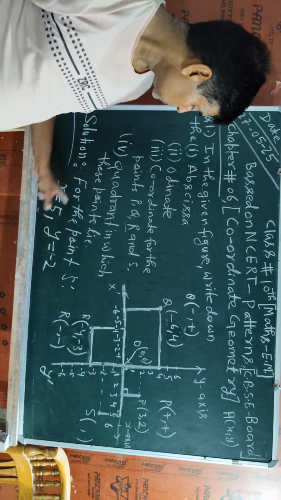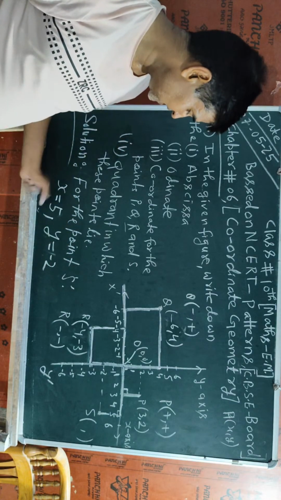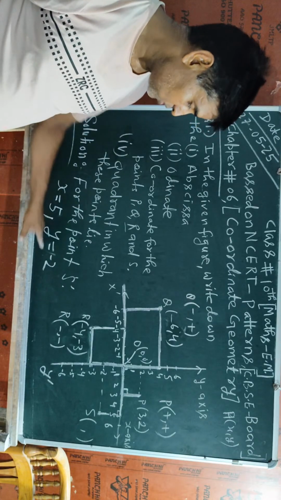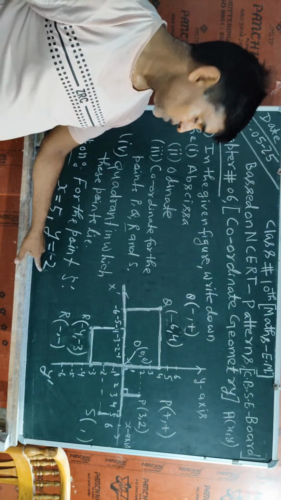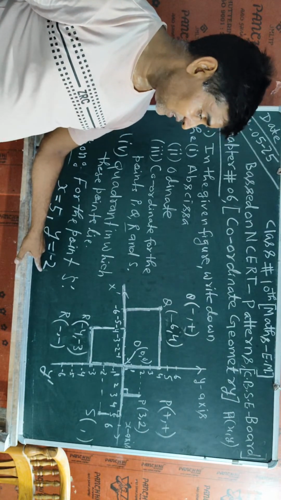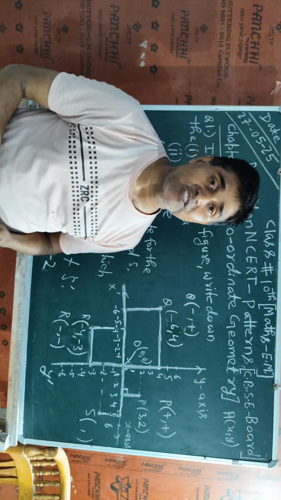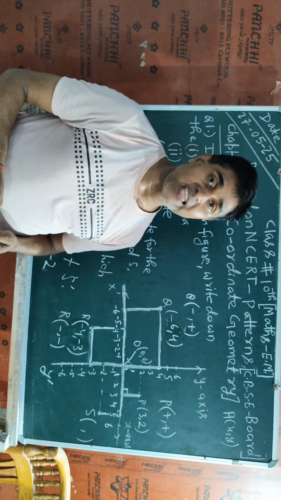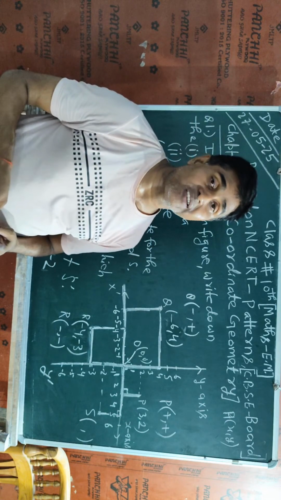Okay, student. So for the point X, the abscissa is plus 5 and the ordinate has the value minus 2. We have to know this information very clearly, because if any diagram is given and from the diagram we have to write the ordinate value, abscissa value, and another question can be asked, write the coordinate of that point.